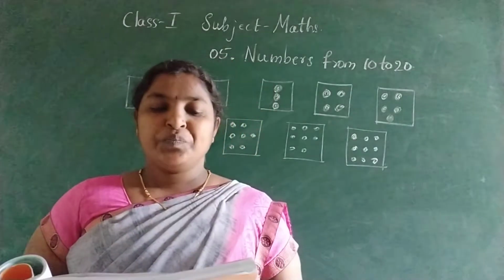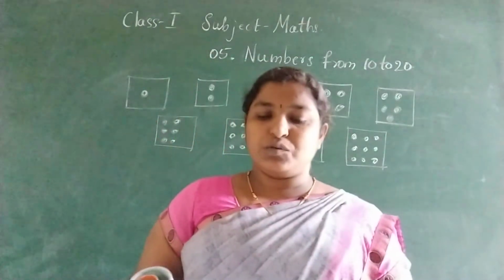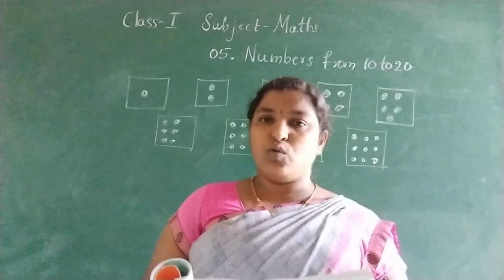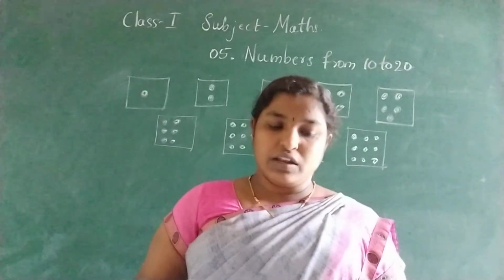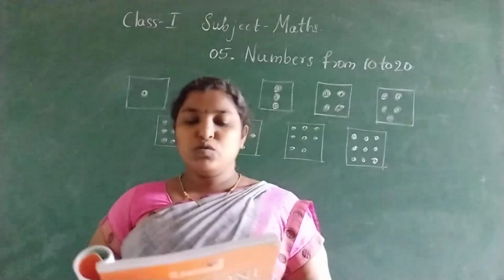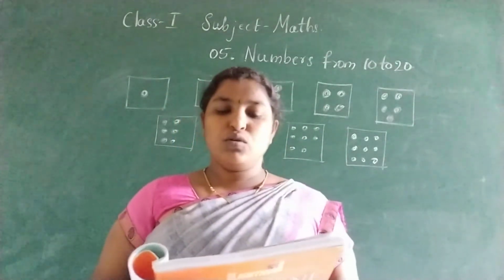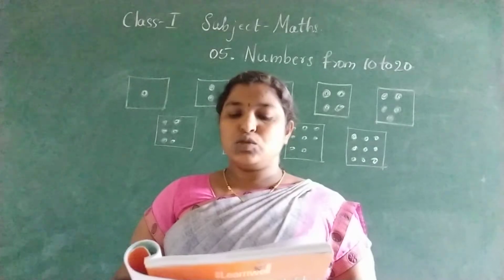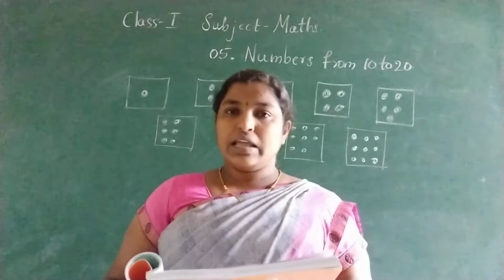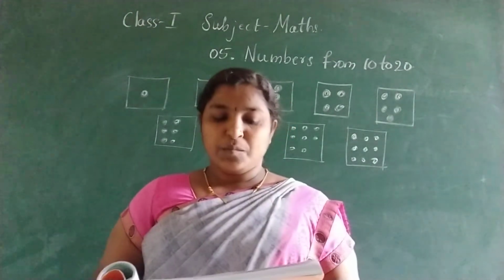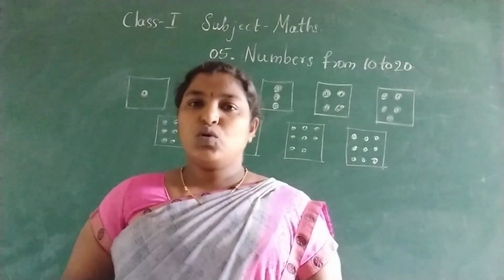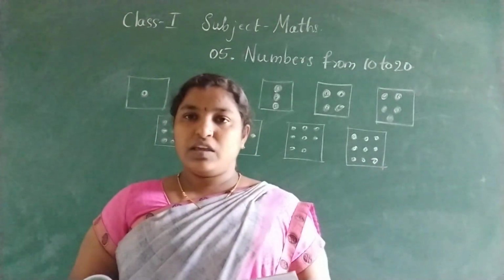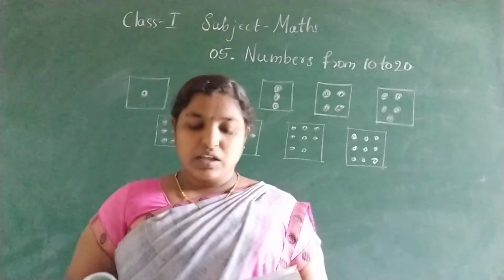Next page, 10 leaves plus 5 leaves. 1 ten and 5 ones is 15. FIFTEEN 15. Balloons, 10 balloons plus 6 balloons is equal to 1 ten and 6 ones, 16. SIXTEEN 16. There are 10 trees plus 7 trees, totally 17. SEVENTEEN 17.